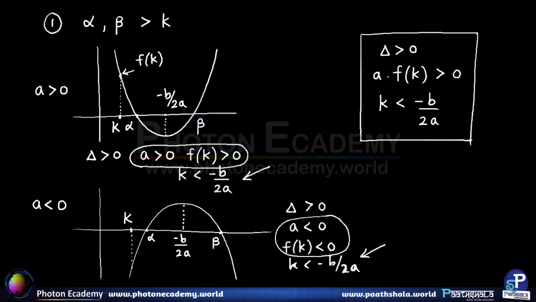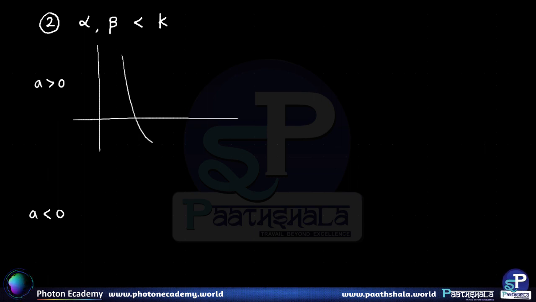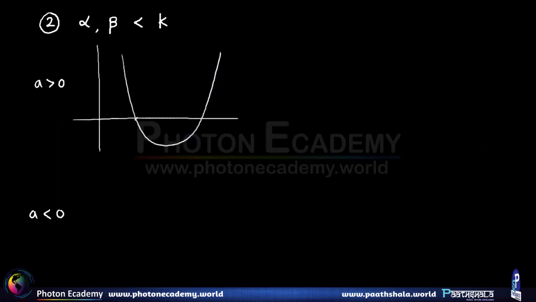Now let's go ahead and see the next type of situation. Now here the two roots are required to be less than k. So once again, let us consider the two cases as in the previous situation. We'll see that there is just one change in the requirements, otherwise mostly everything is similar.